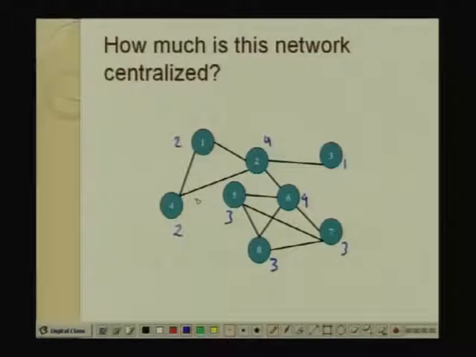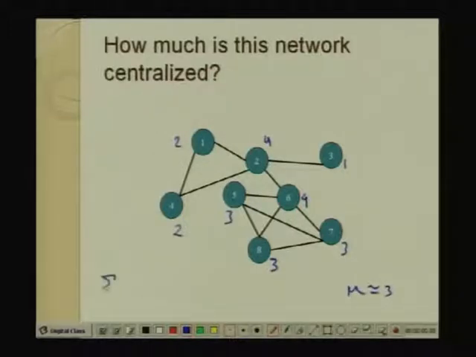So, what is the variance of the degrees of this network? How do you measure it? Find the mean. So, the mean would be something like 3, let us not compute exactly. And then what do you do? You find the standard deviation.